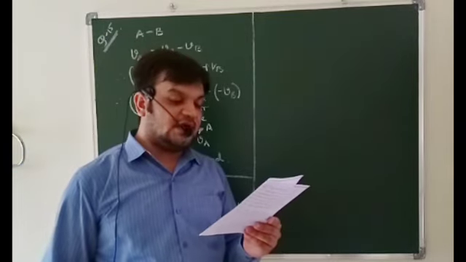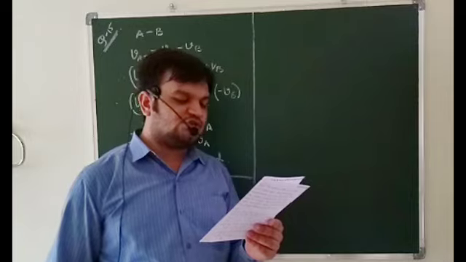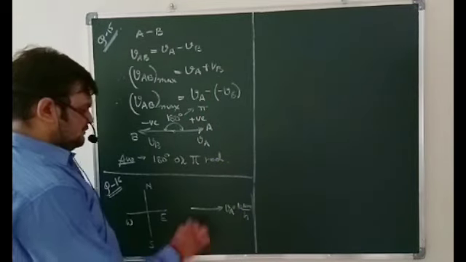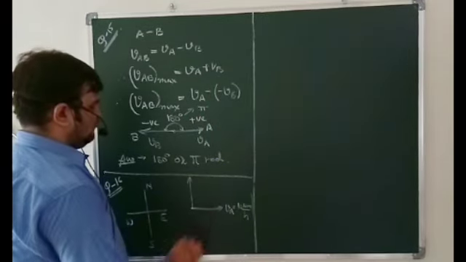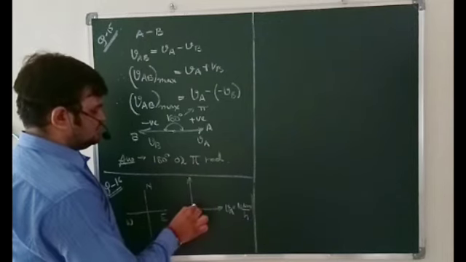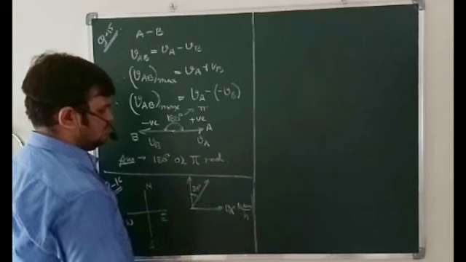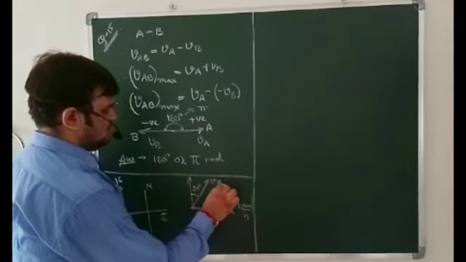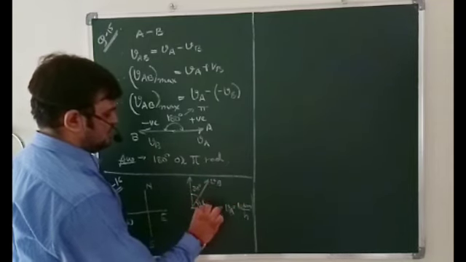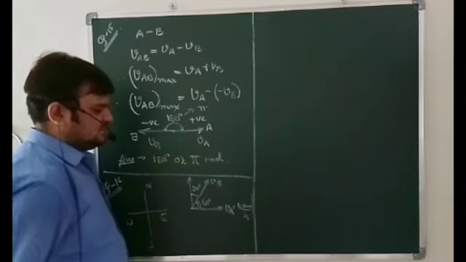Second ship is heading 30 degree east to north. Now second ship is heading from north to east 30 degree, that is VB. So now this angle is 60 degree.